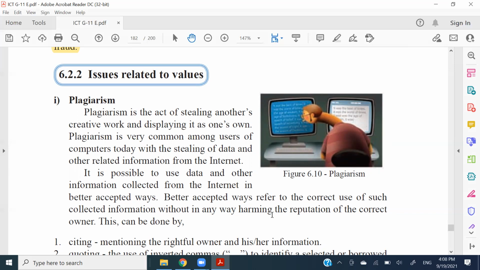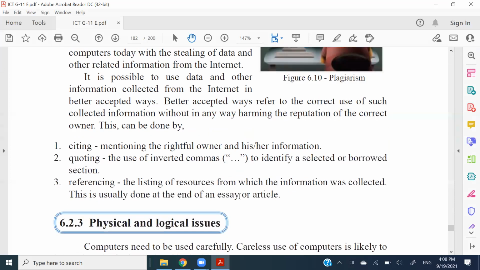The better way of using these things is giving the credit to the place that we have taken them from. We call this citing. We can mention that a particular article or website is what I have used, or you can quote it, right?